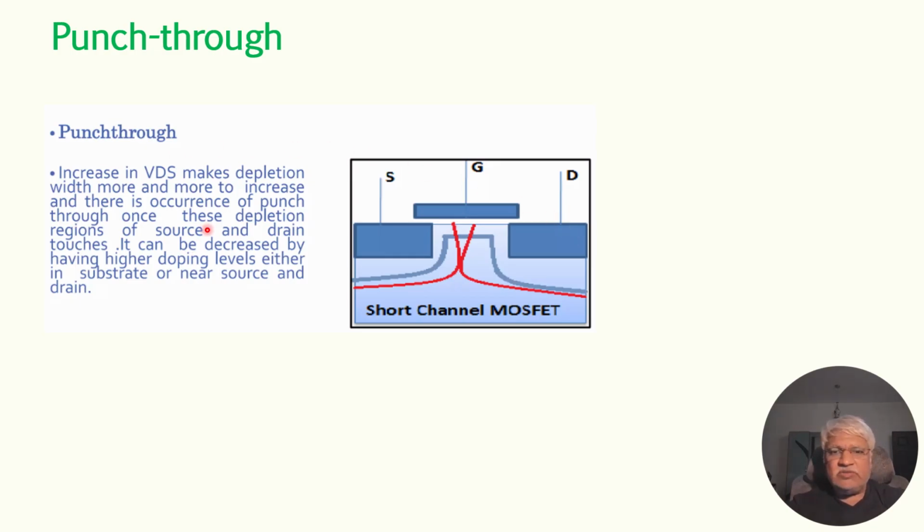So that is what is explained here. If this phenomenon is occurring, that means the NMOS transistor is having no effect due to the gate voltage. So the punch through should be avoided.